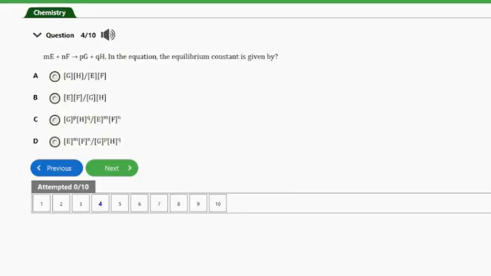Question number 4 here. It says, mE plus nF yielding pG plus qH.